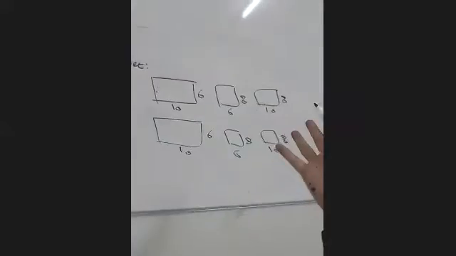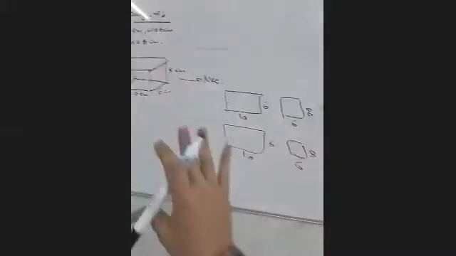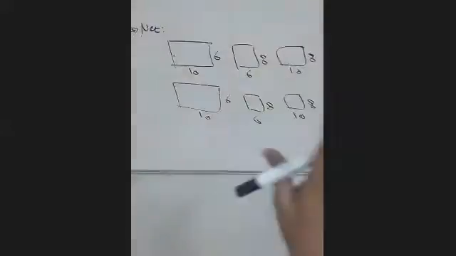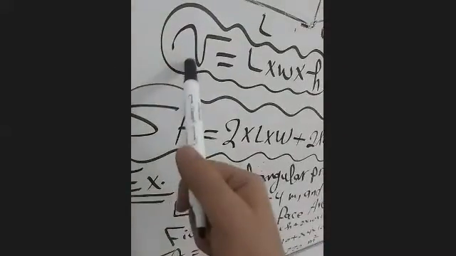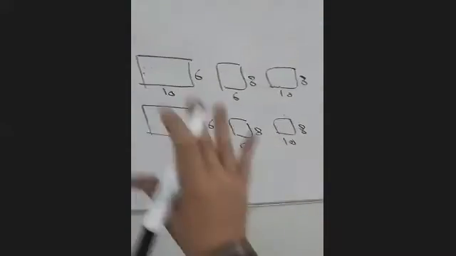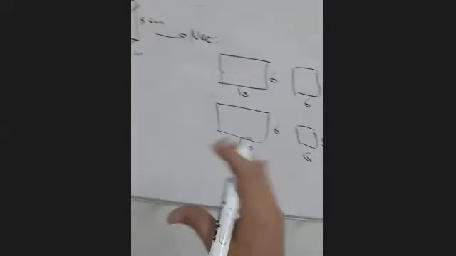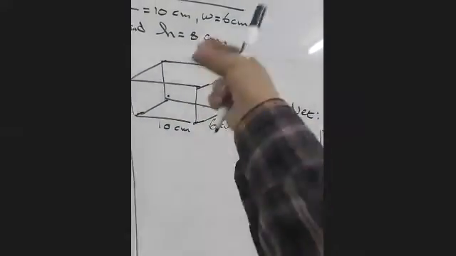This is what we call the net. I take each rectangle from it. I care about how to find the surface area and the volume, but for your information, to make a net means to expand the faces and take each face alone.